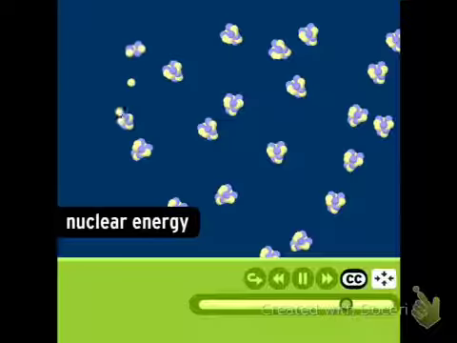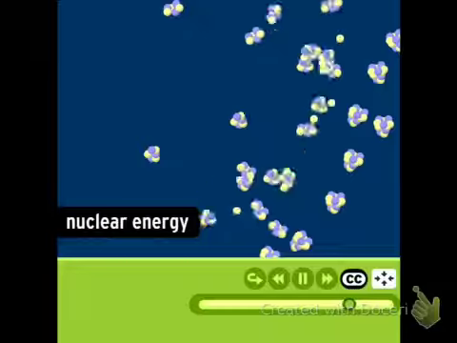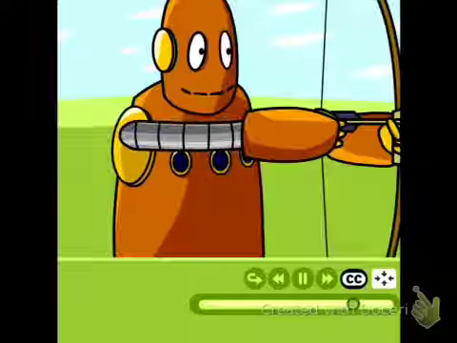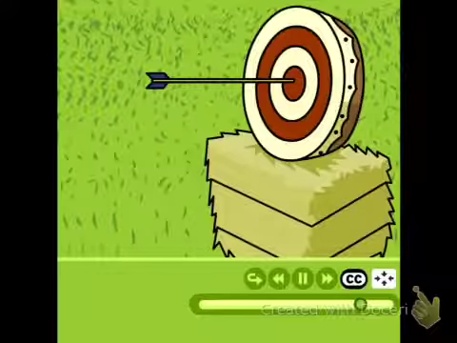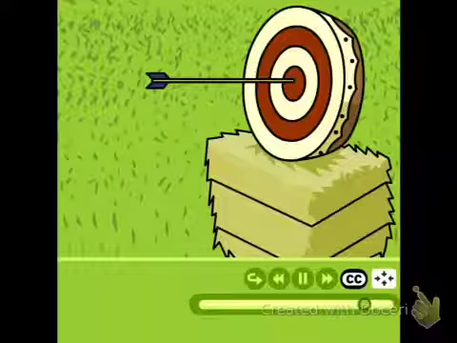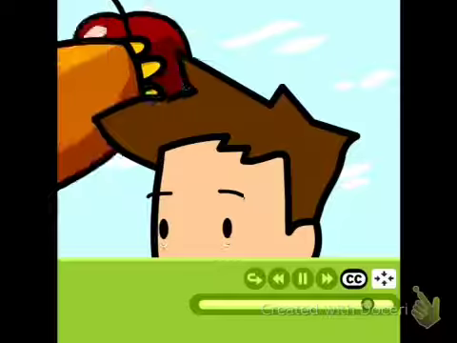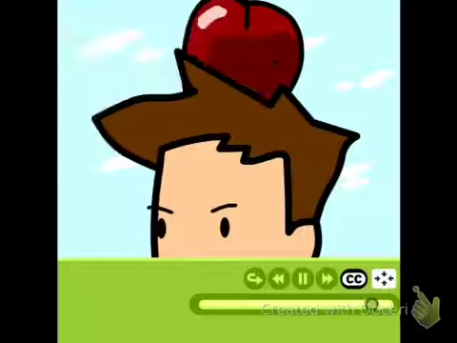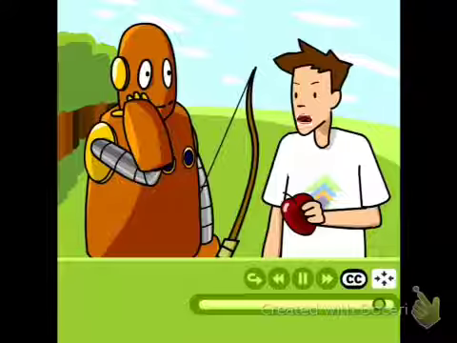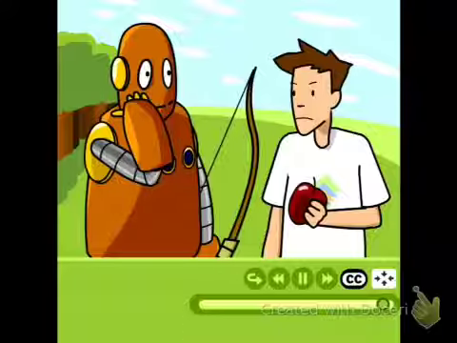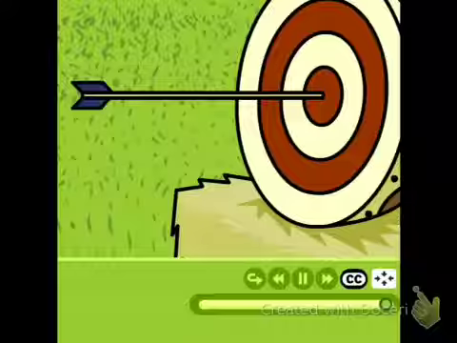Nuclear energy is released from inside atoms when they are broken apart or fused together. Nice shot. Hey, you're becoming a pro at this. No way. There's no way I'm letting you shoot this apple off my head. Forget it.